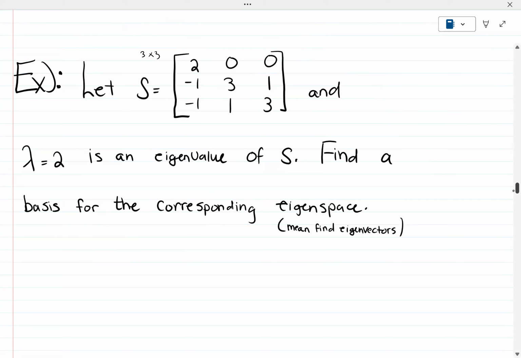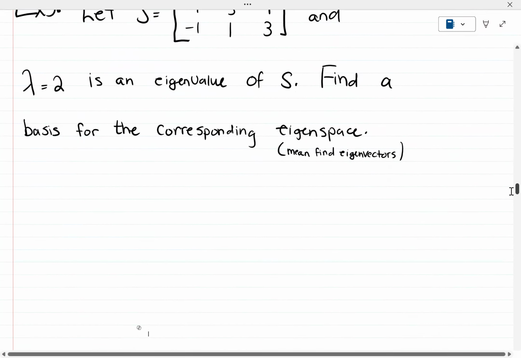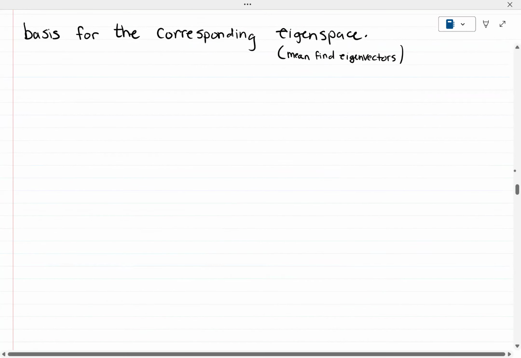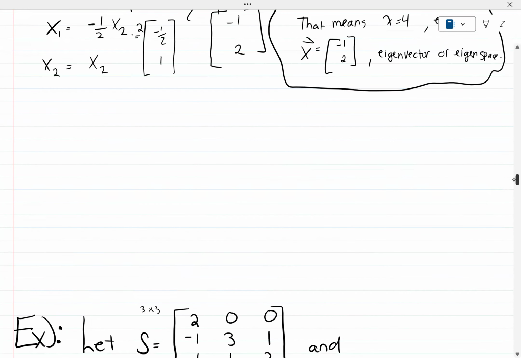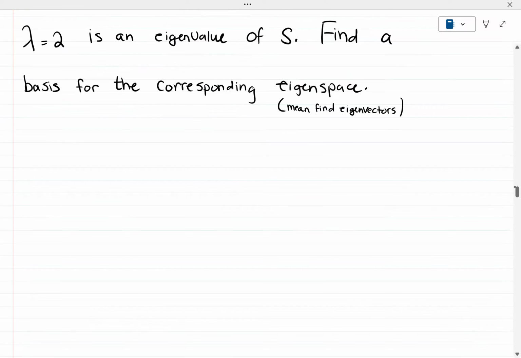So how do we set that up? We're going to set it up like this.